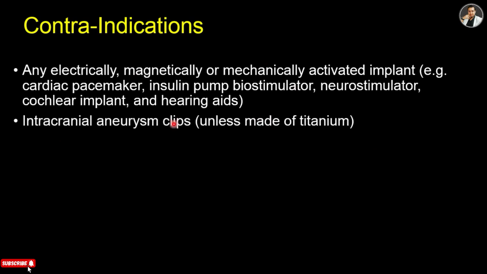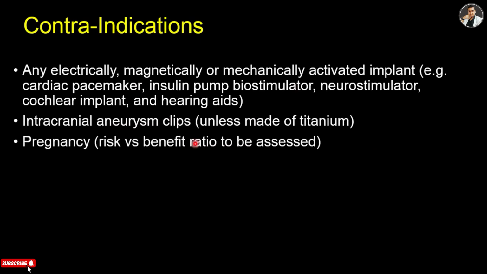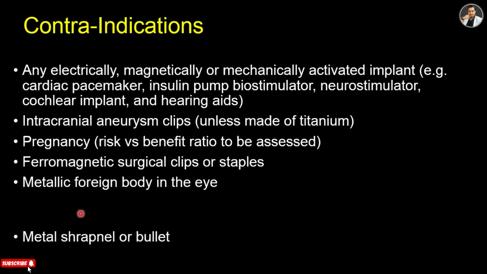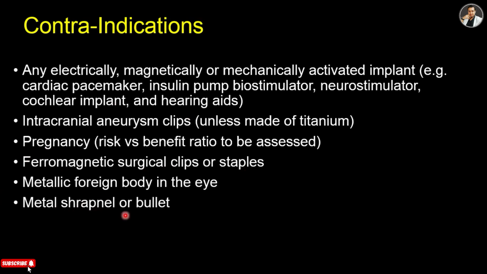And then intracranial aneurysm clips are contraindicated. And then pregnancy. And for pregnancy, the risk versus benefit ratio is to be assessed. And then ferromagnetic surgical clips and staples. And metallic foreign body in the eye. And metal shrapnel or bullet.